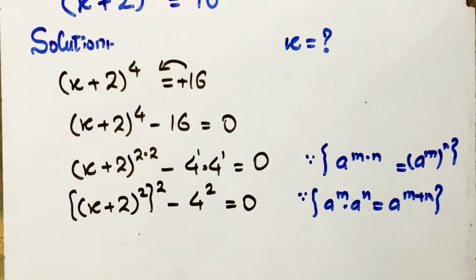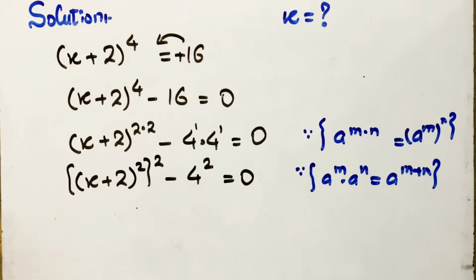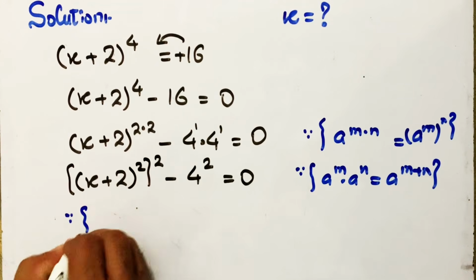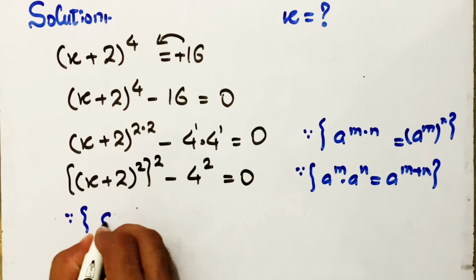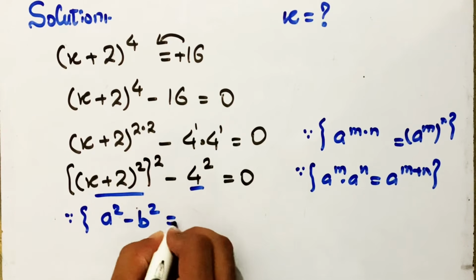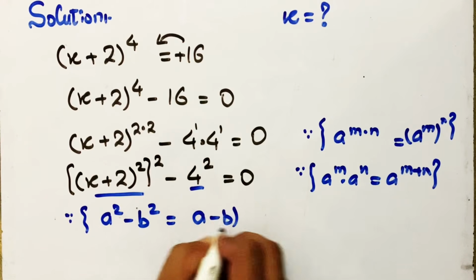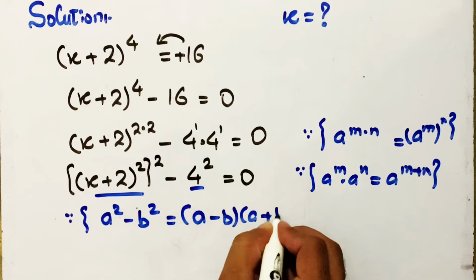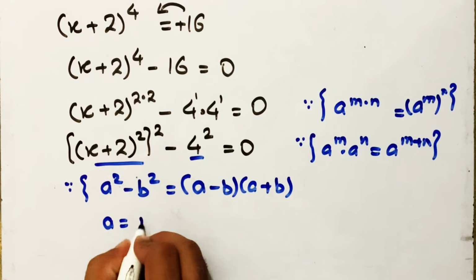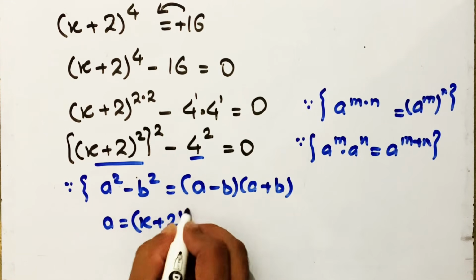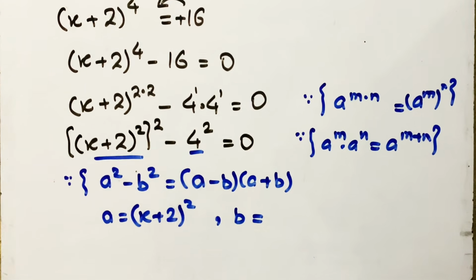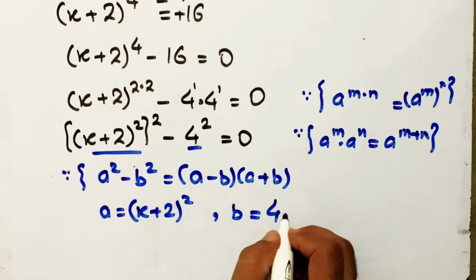Now I'm using the identity of sum and difference: a squared minus b squared equals (a minus b) into (a plus b), where a becomes (x + 2) whole square and b is 4.